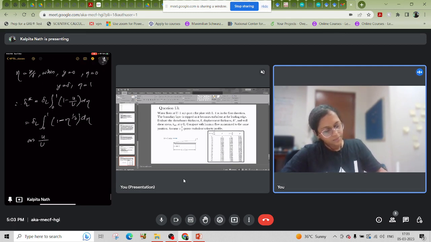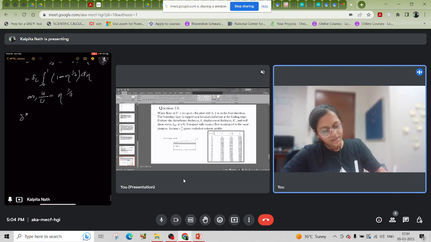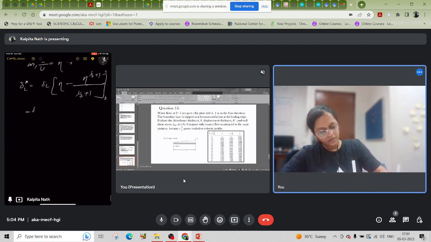As small u by capital U is equal to eta to the power 1 by 7, delta star is equal to delta L times eta minus eta to the power 1 by 7 plus 1, that is eta to the power 8 by 7 by 8 by 7, from 0 to 1.